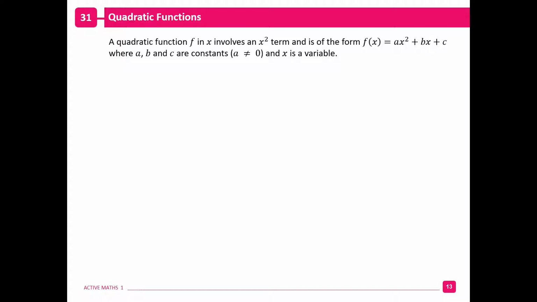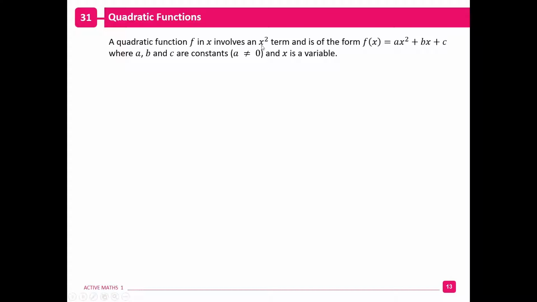So a quadratic function f in x. Now remember that simply means x. We're going to use x for our inputs. So our inputs will change. We will have several inputs. So we're going to use x when we're not particularly focusing on one at any particular time.